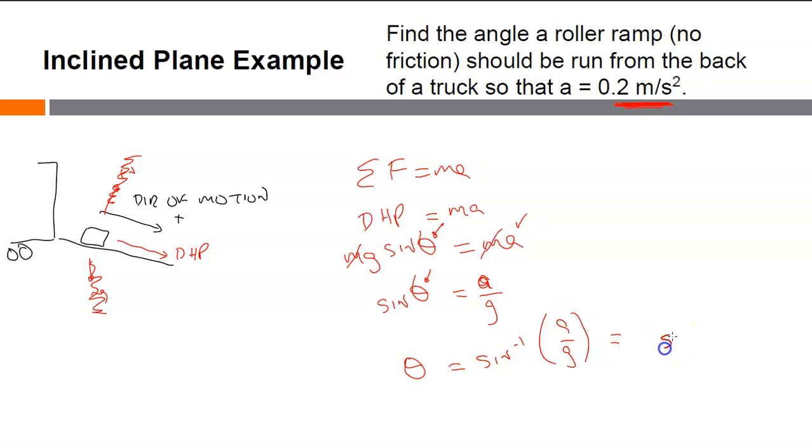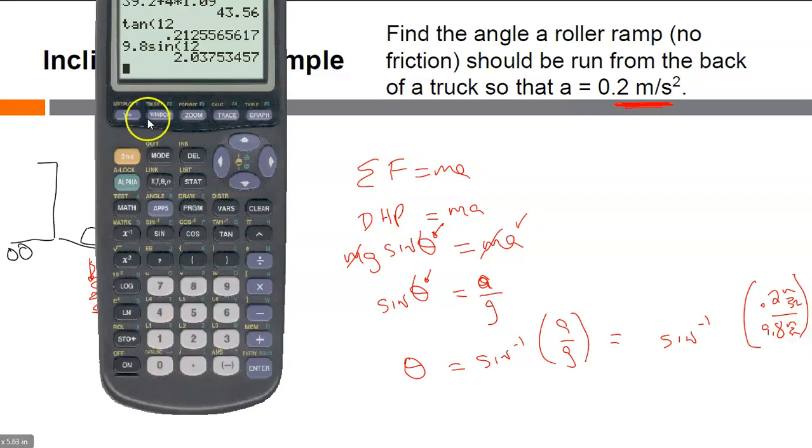That's going to be the arc sine of 0.2 meters per second squared divided by 9.8 meters per second squared, like so. And my calculator knows the answer to that one. Arc sine 0.2 divided by 9.8. I need about a 1.2 degree angle, not very steep at all.